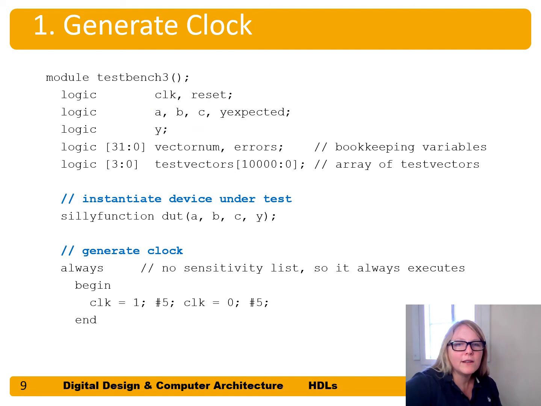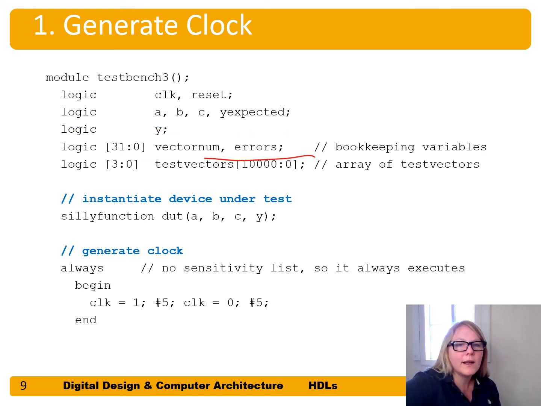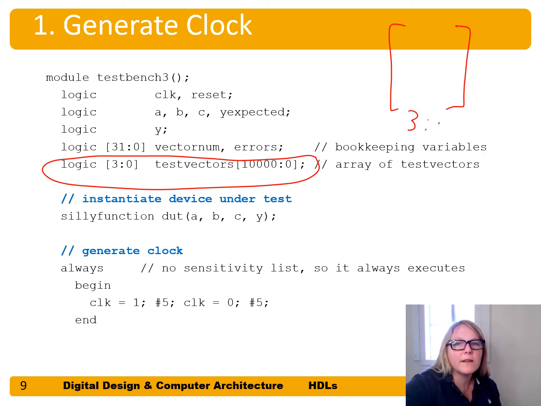And now we have these bookkeeping variables, vector num and errors, and also an array of test vectors. So this 3:0 is saying the width of this array. We have a 4-bit width, and this happens to have 10,001 entries, so 0 up to 10,000. We won't use all of those, but we just made it larger just in case.